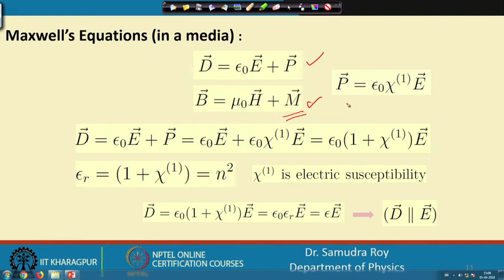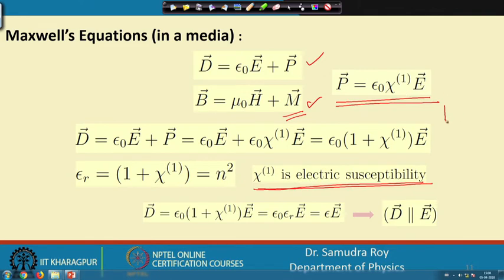So, now P is related to E with this very important equation where epsilon 0 and chi 1 are there. Chi 1 is called the electric susceptibility, which is very important, and we will discuss that in detail in our future classes. But you can see that if chi 1 is a scalar quantity, which is not necessarily true, but if I assume it is a scalar quantity, then P and E are parallel to each other.